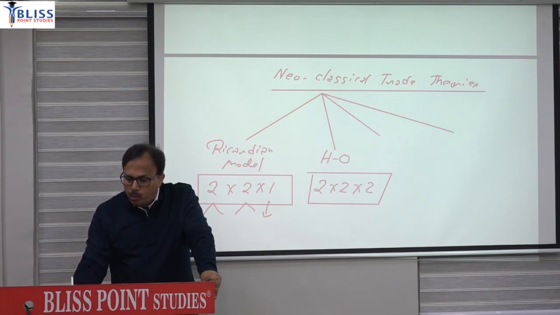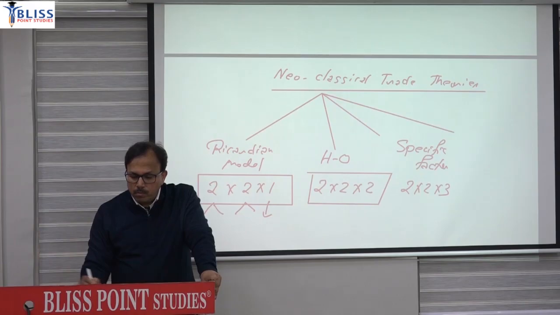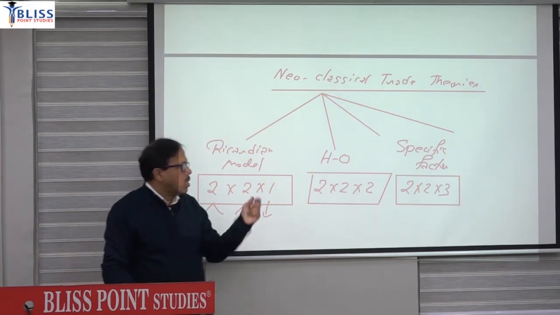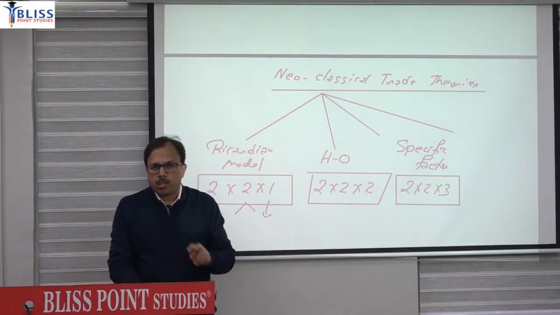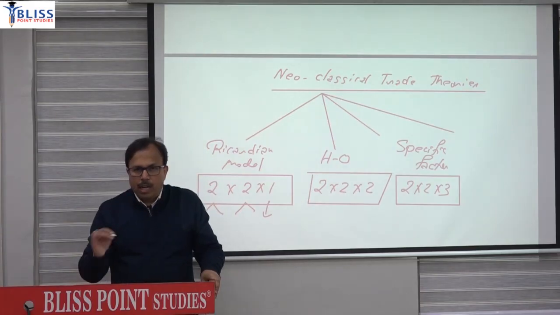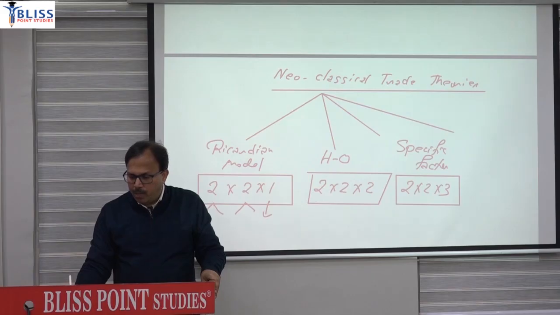Then you move to a specific factor model. A specific factor model. This will be 2 by 2 by 3 model. 2 by 2 by 3. So trade again between two countries producing two products by using three factors of production: labor, land, and capital. Now what is the meaning of specific here?